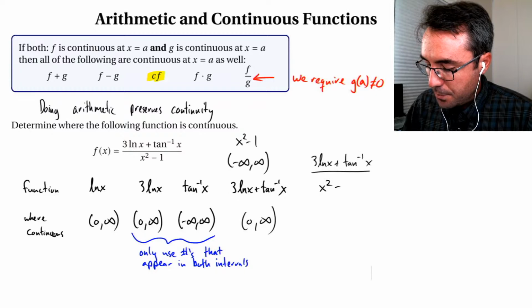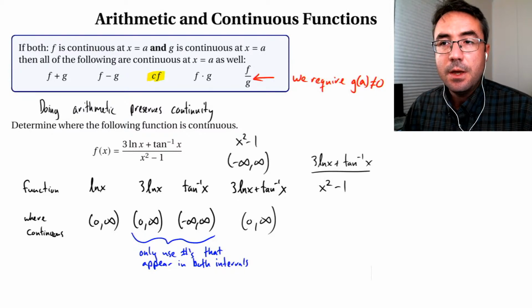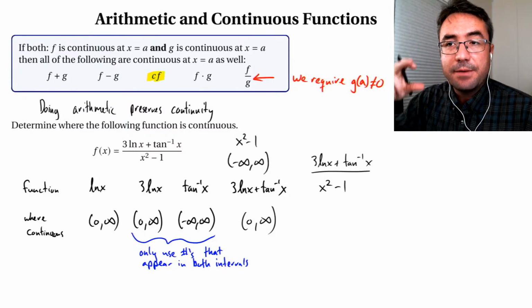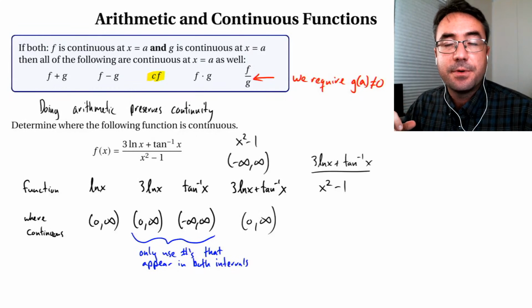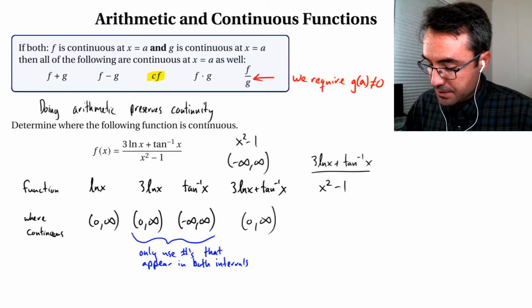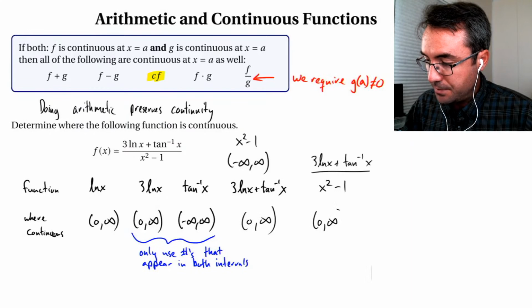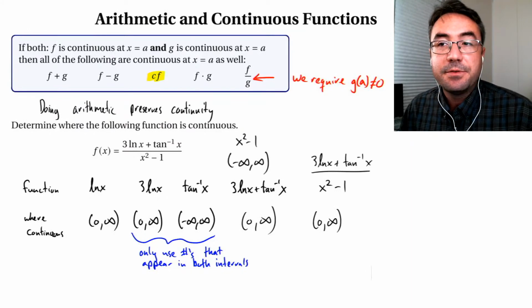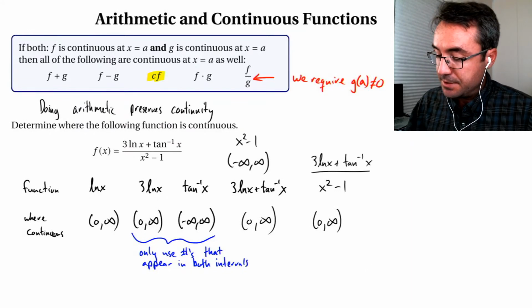So when we put those together, again, we have to go with the most restrictive interval there. So it's good on the interval from 0 to infinity, but we have division, so we can't have division by 0.